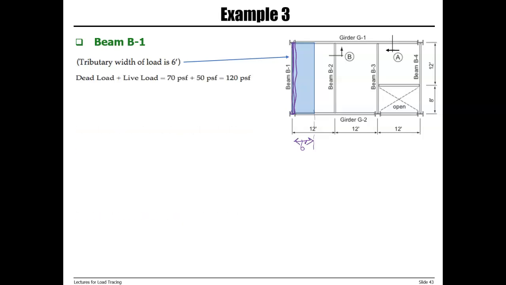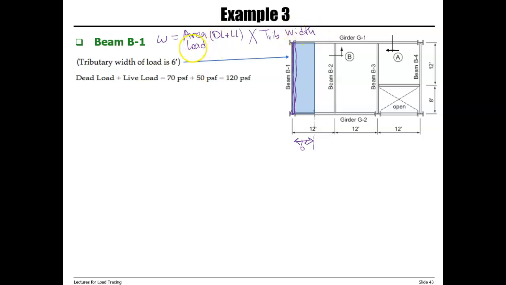And we said that area load is 120. And again, if you remember, we said that the load on a beam supporting an area is equal to the area load that we have, and this area load is the total dead load and live load, times tributary width.